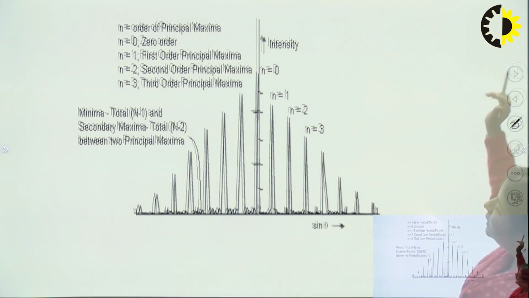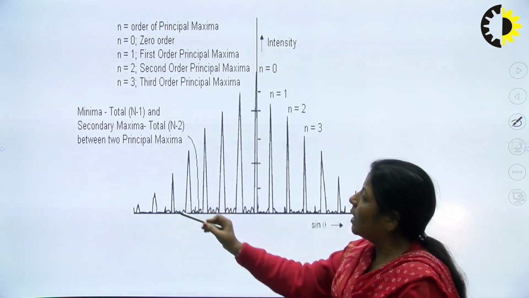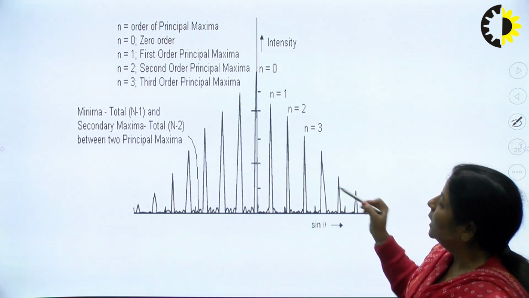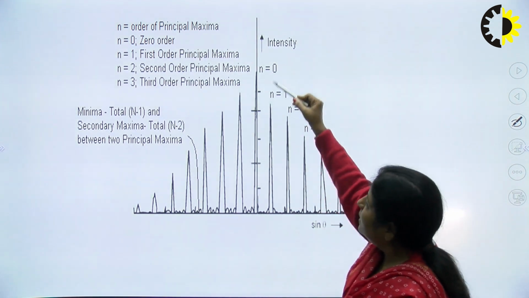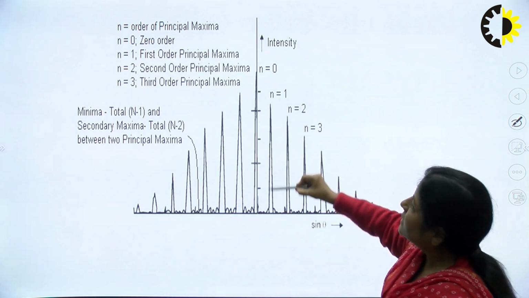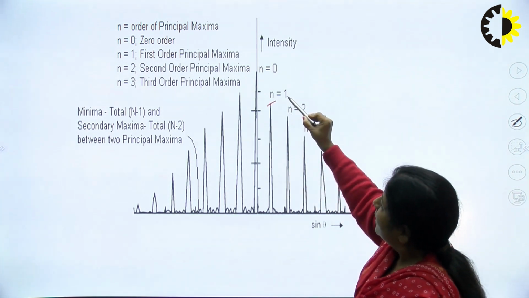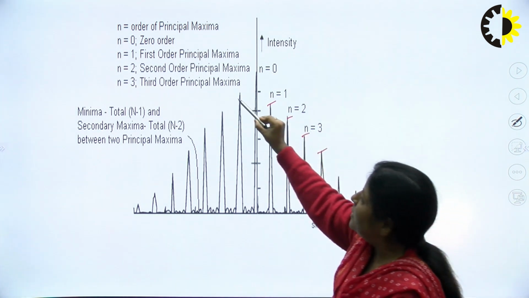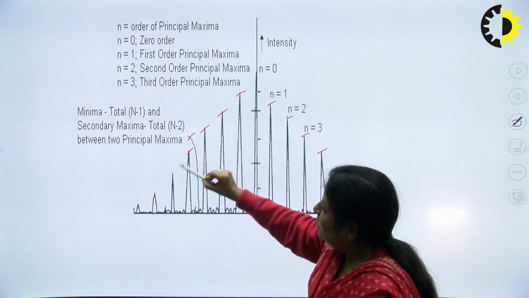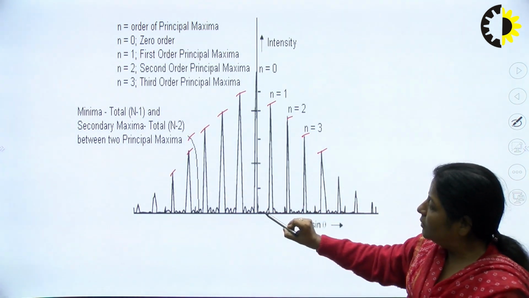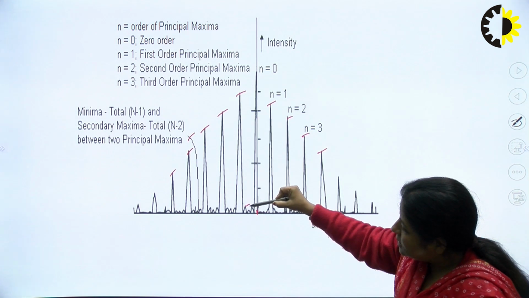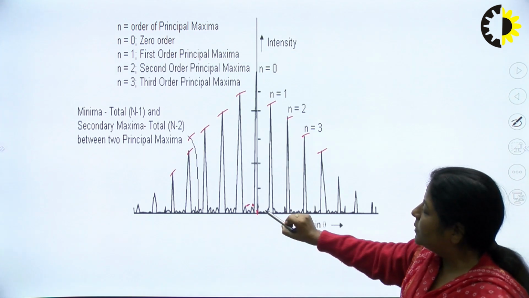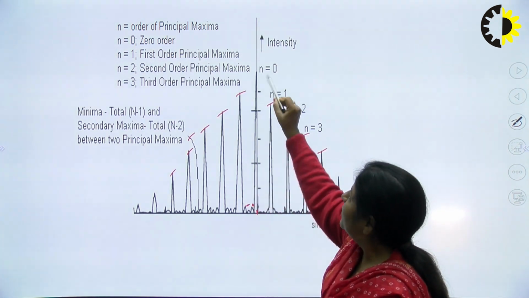And here is, at last, the diffraction pattern as it is obtained experimentally. You can see this is the largest peak. This is the 0 order principal maxima. And then here we get the first order, second order, third order. These are the principal maximas. In between are the positions of minima, and these are the secondary maximas which are present here in between the principal maximas.